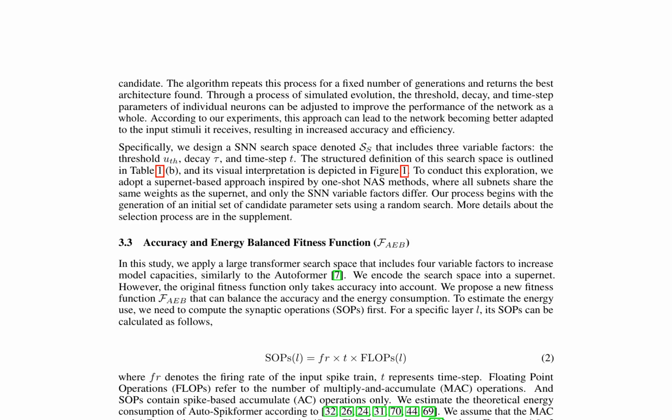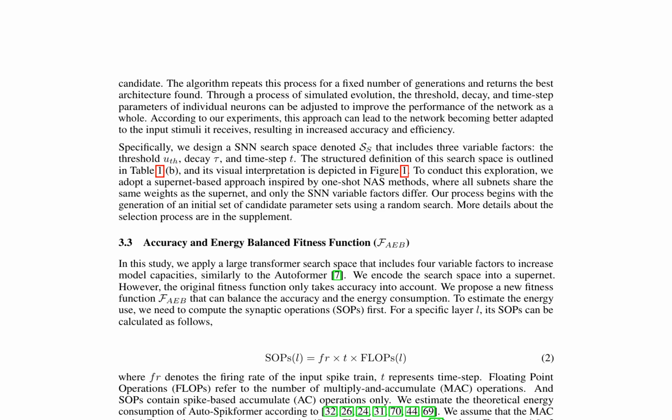The Auto-Spikformer algorithm utilizes a simulated evolution process to adjust the threshold, decay, and time step parameters of individual neurons in a spiking neural network, SNN, for enhanced performance. This is achieved through an optimization technique that balances accuracy and energy consumption.